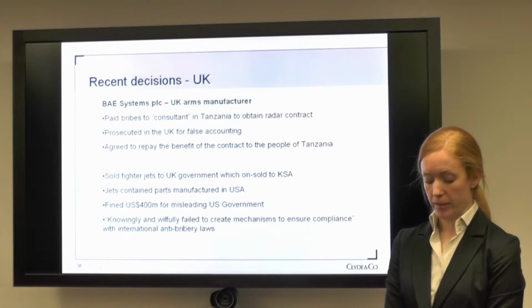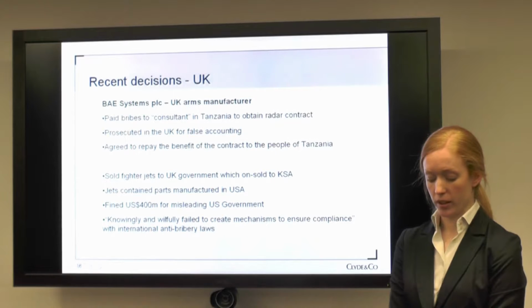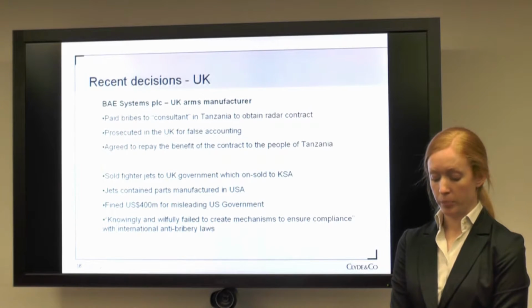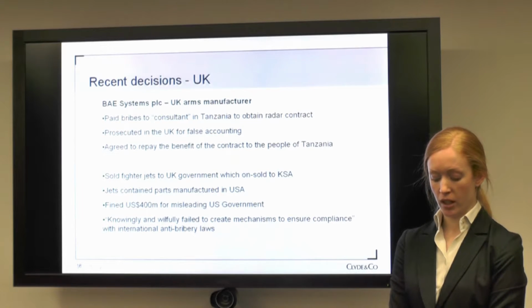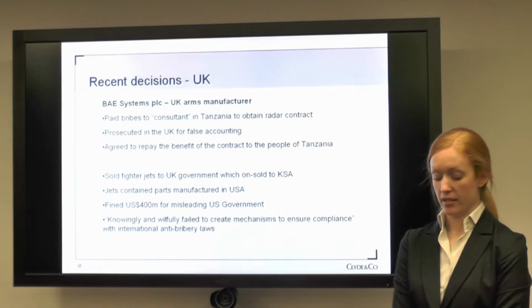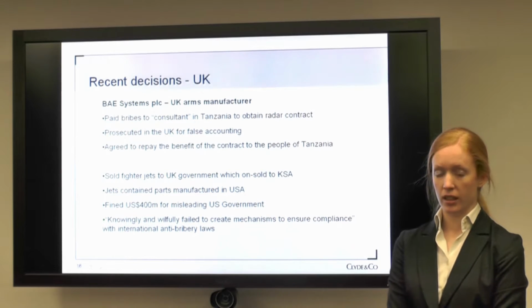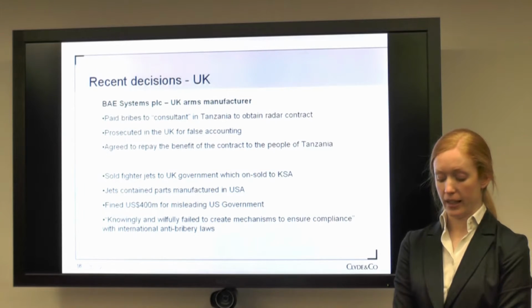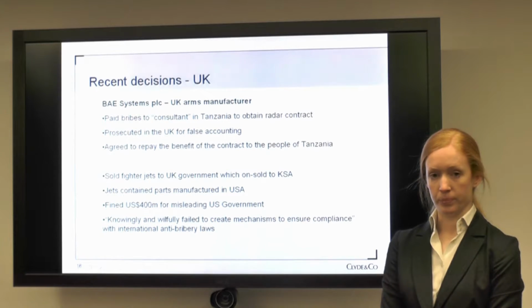A guilty plea by BAE followed a settlement agreement between the company and the Serious Fraud Office. The agreement included a provision for BAE to repay £30 million for the benefit of the people of Tanzania. In return, the SFO agreed to drop all of its investigations into BAE and not to prosecute further.